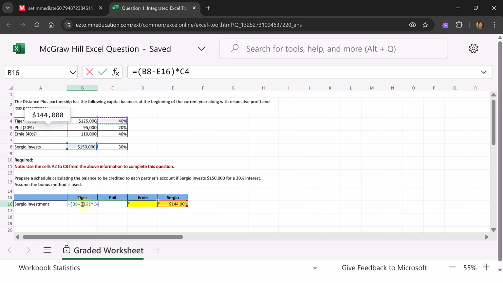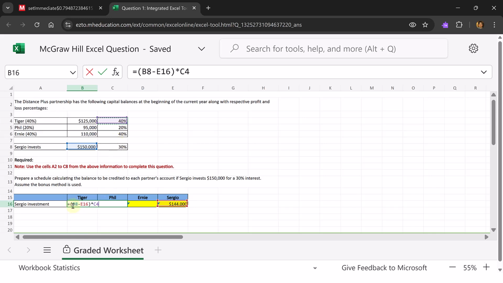I want to copy this formula going across, yeah? And you notice this is one row I want to copy across, but the input, these cells here, the percentages, is a vertical row. So I'm not sure how to do that efficiently. So I have to come back and change the formula.